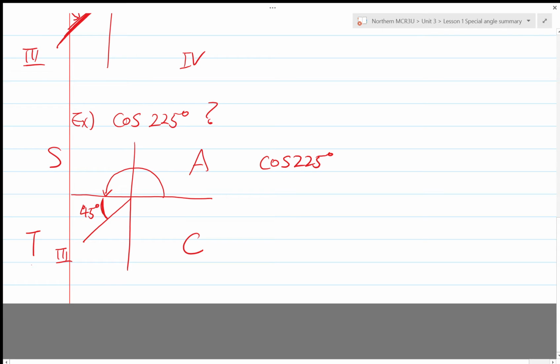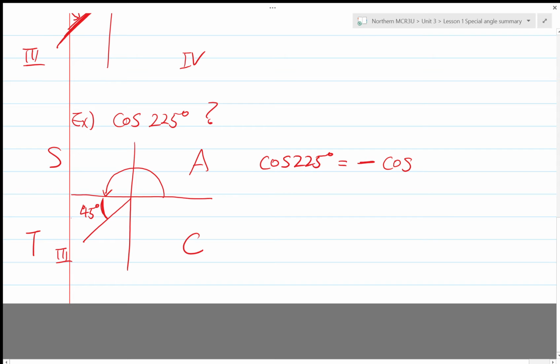So in this case, the angle is in the third quadrant, so it's in the T zone. That means the tangent is positive, and the rest are negative. Therefore, my cosine 225 will have the negative sign since it's in a T zone instead of a C zone. And then it will still have the cosine.